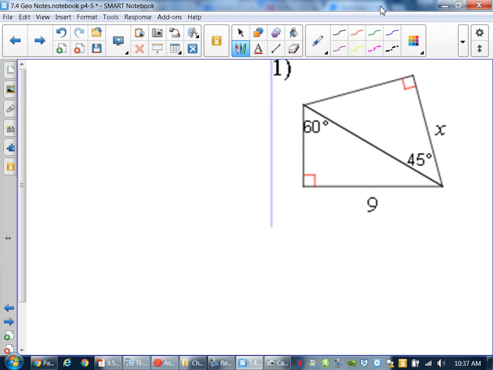Now, in an example like this, you are going to use both styles of the right triangles. You're going to use both the 30-60 as well as the 45s. It's a matter of knowing what you are given and working your way around.